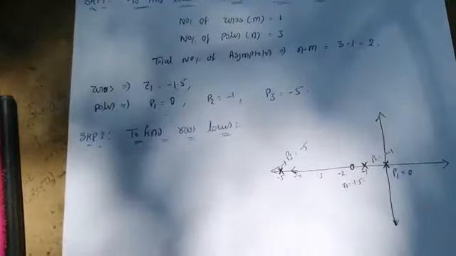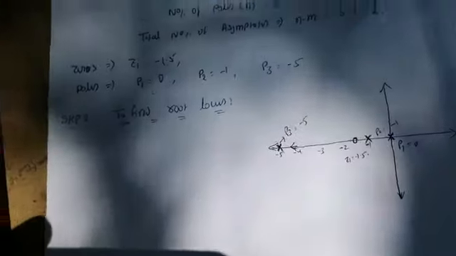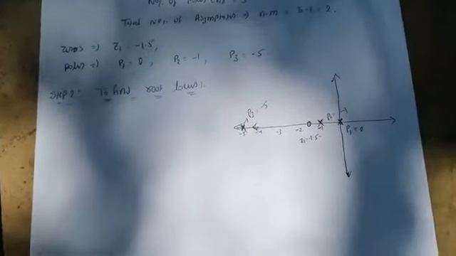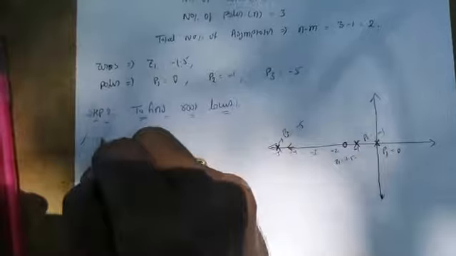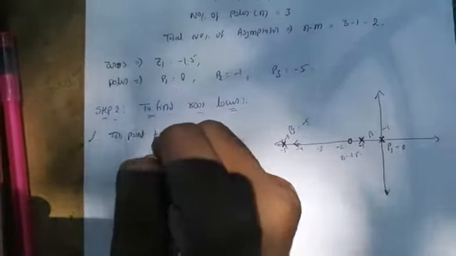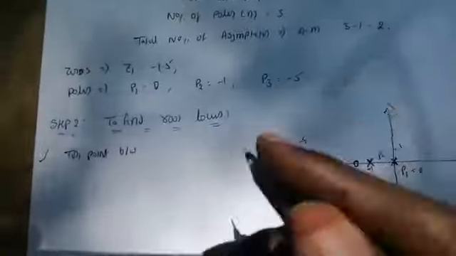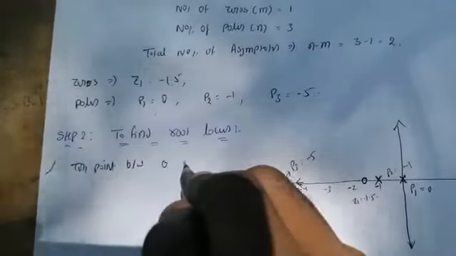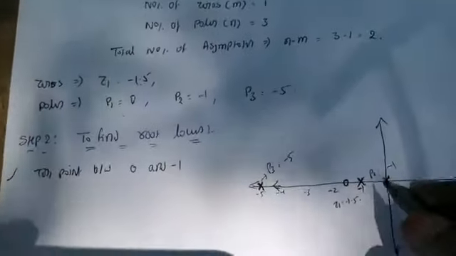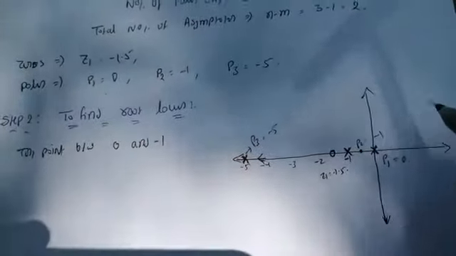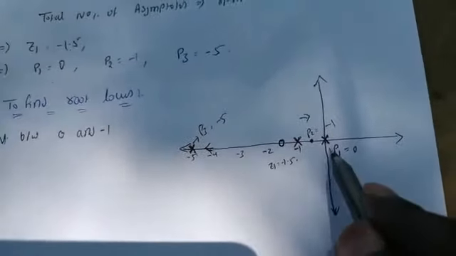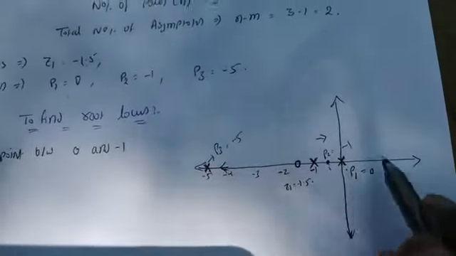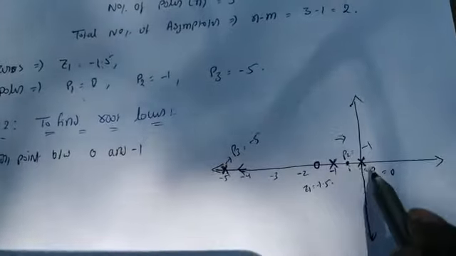Now, how can we find the root locus? If you choose a test point between 0 and minus 1, then when we look back to the right side towards the origin, we have only one pole. 1 is an odd number.